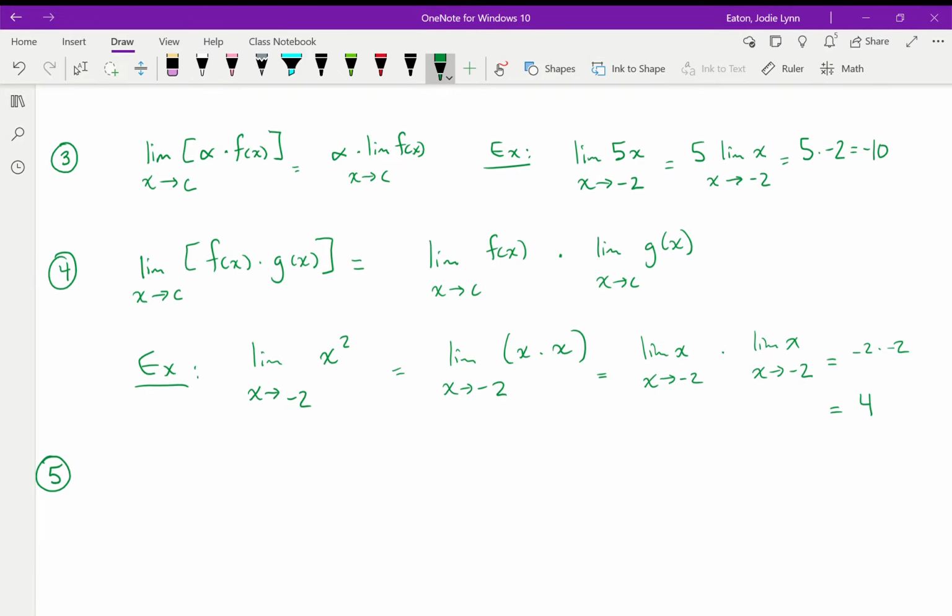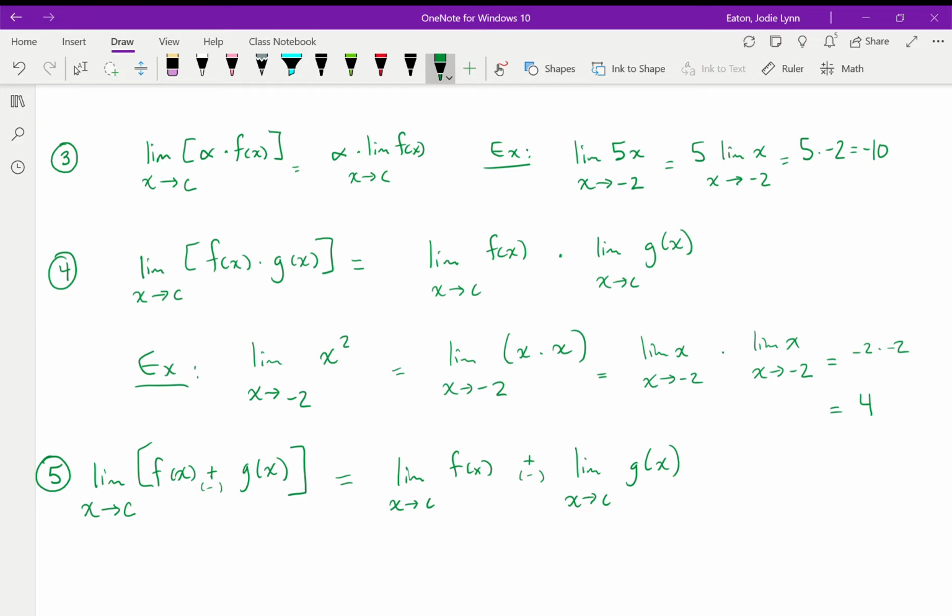So next, what if we are adding or subtracting? The limit as x approaches c of f of x plus or minus g of x is the same as the limit as x approaches c of f of x plus or minus the limit as x approaches c of g of x.